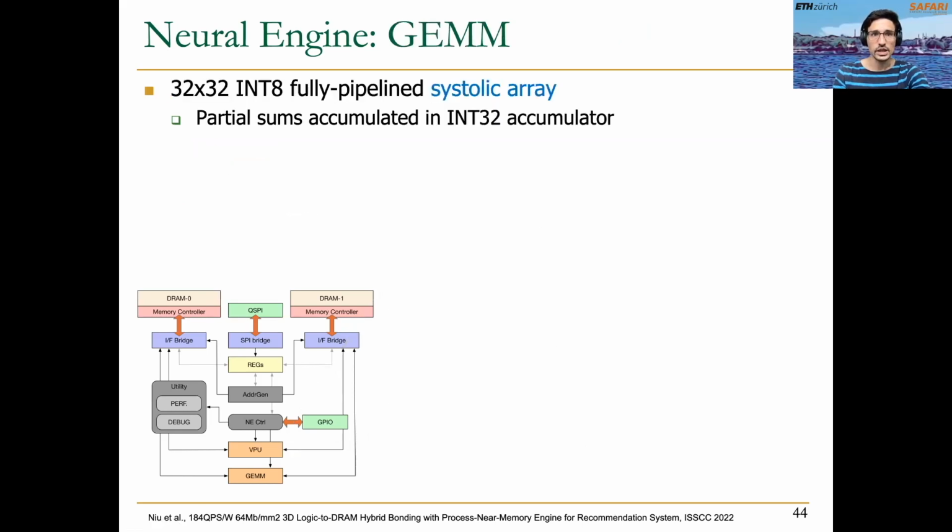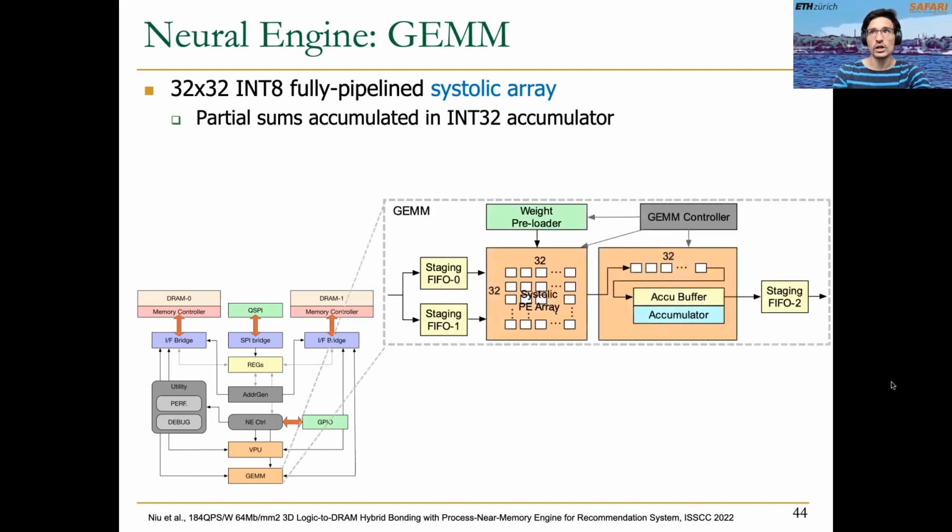The other interesting component of this neural engine is this GEM unit that is for matrix multiplication, and it's essentially a 32 by 32 fully pipelined systolic array that operates on int8 values. Partial sums are accumulated in this accumulator buffer, and here on the left you can see the 32 by 32 systolic array.